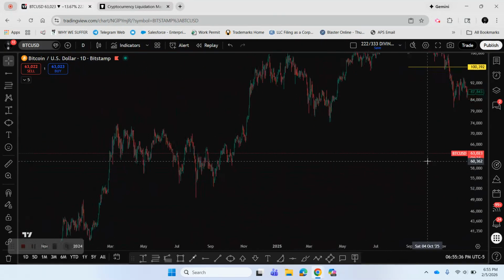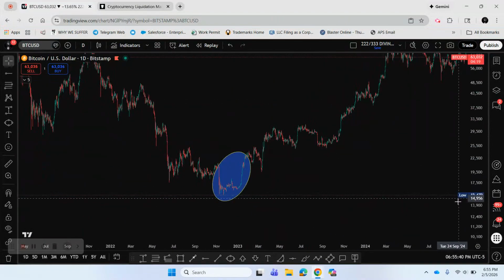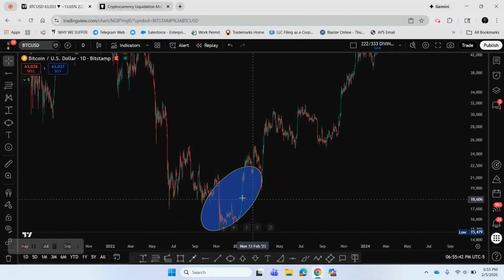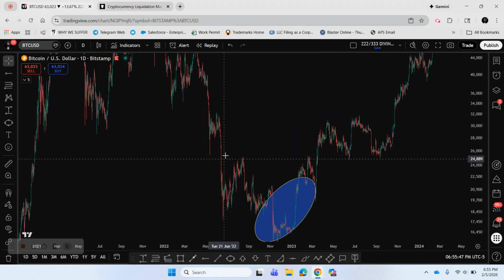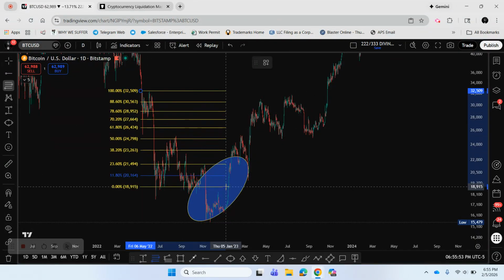We've seen plenty of times where we have had a sharp move down, like right here. We had a sharp move down and we recovered. And I only like to go to the 50% on those sharp moves.